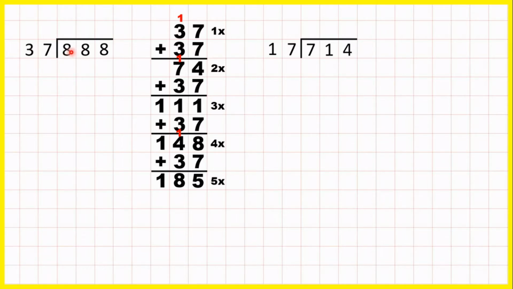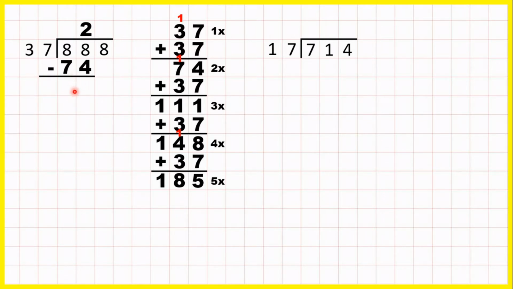So, taking the first two digits together, we have 88 divided by 37. We can see that the closest multiple of 37 to 88, which is still less than 88, is 2 times. That's 74, and because 74 is 2 times 37, we need a 2 in our answer line.